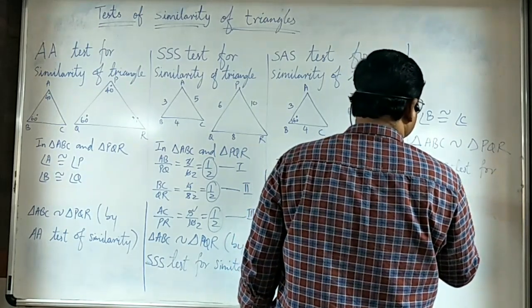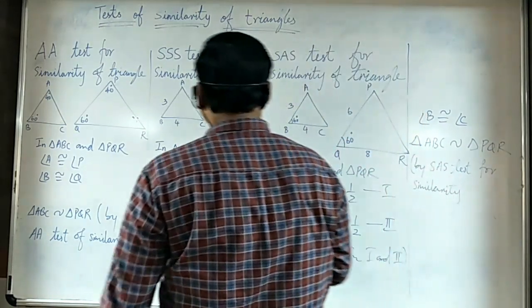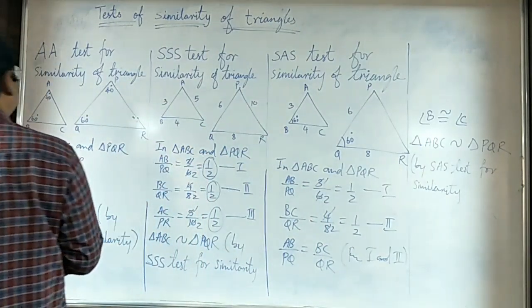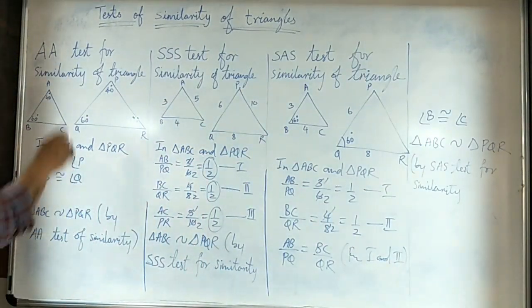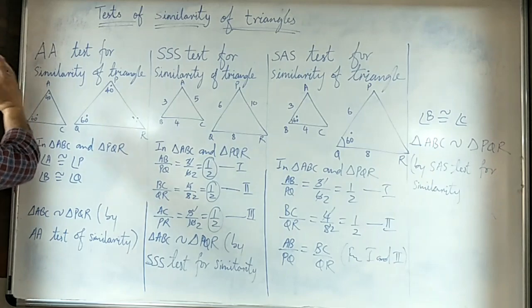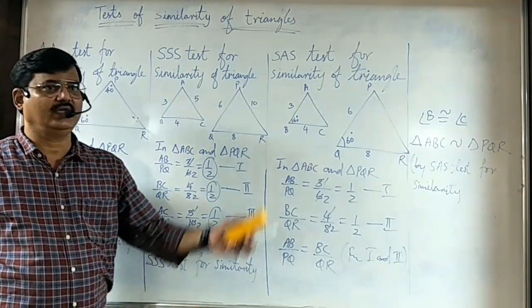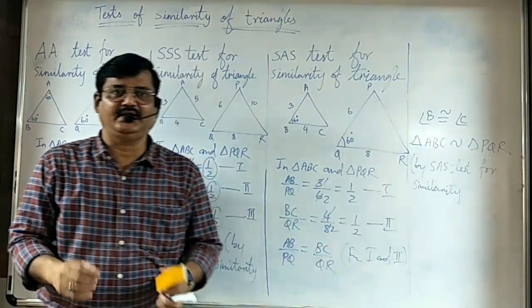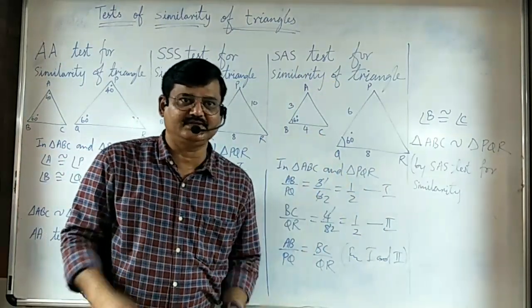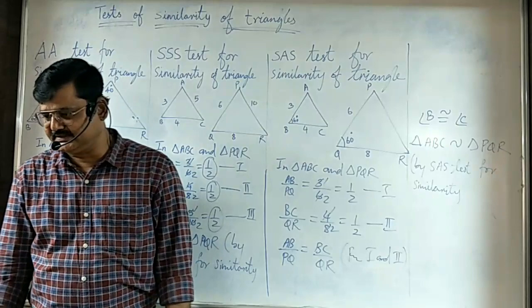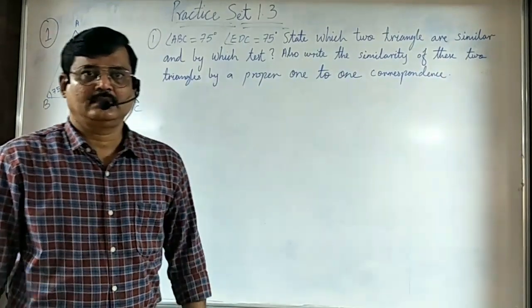And this is how I finish explaining all the three tests of similarity of triangles, that is your AAA or AA, SSS test and side angle side test. On this basis we are going to do the next exercise, that is 1.3.